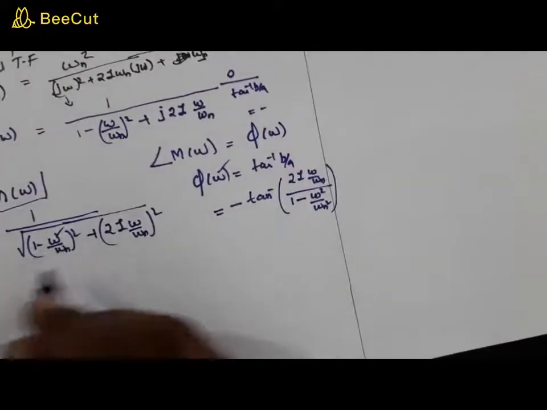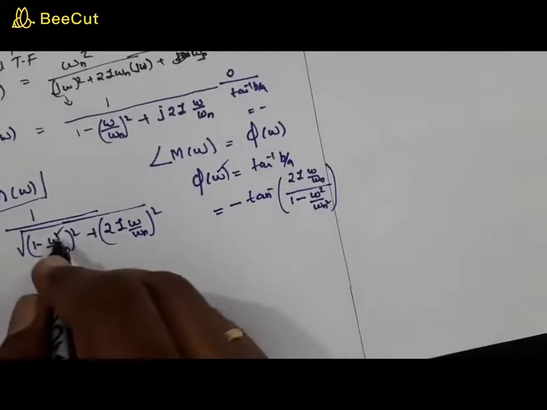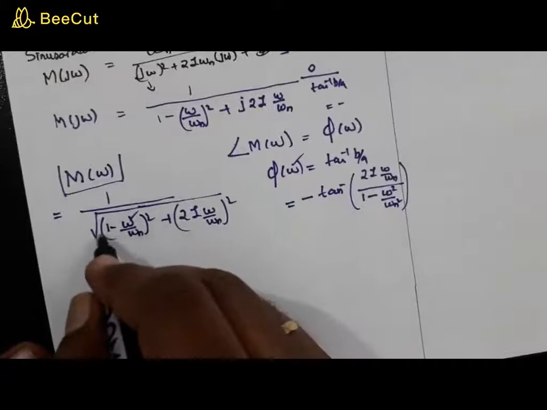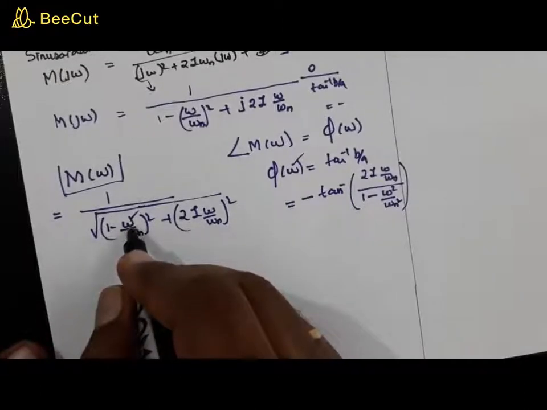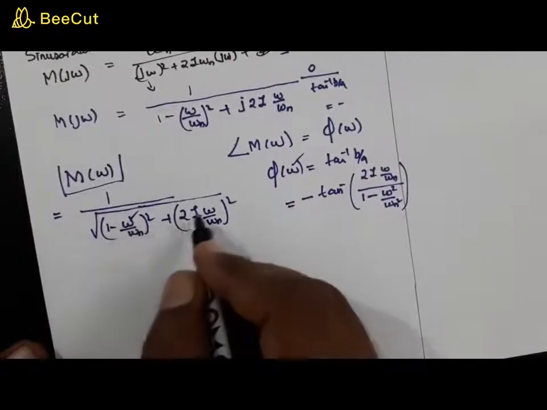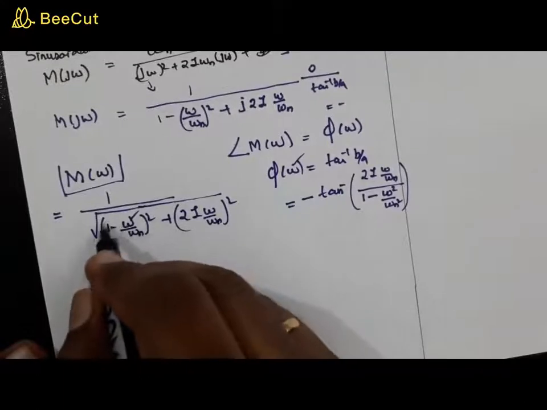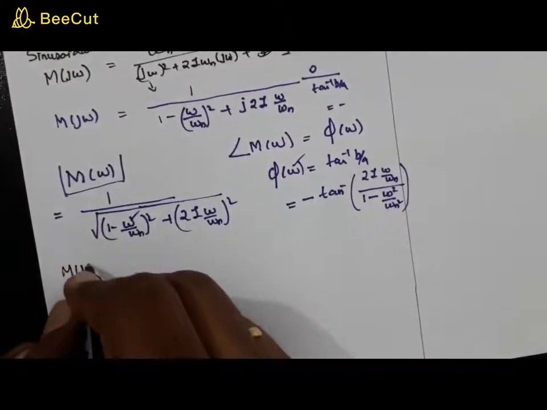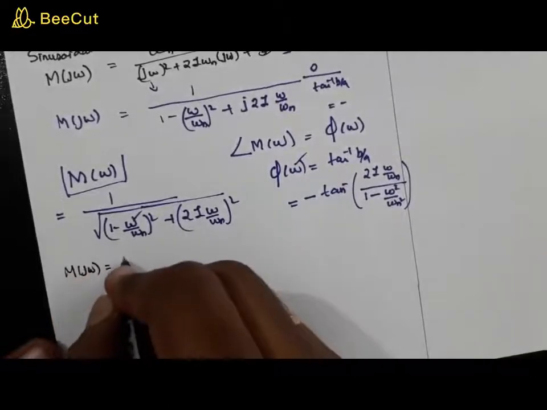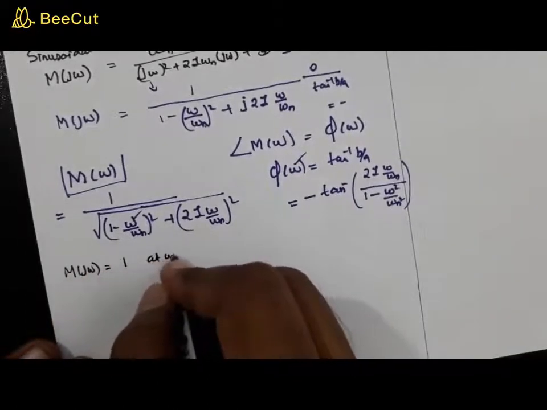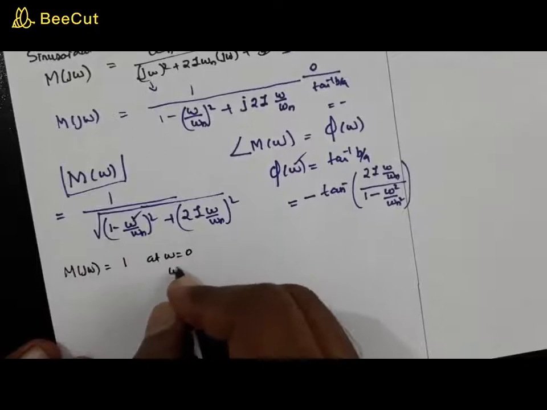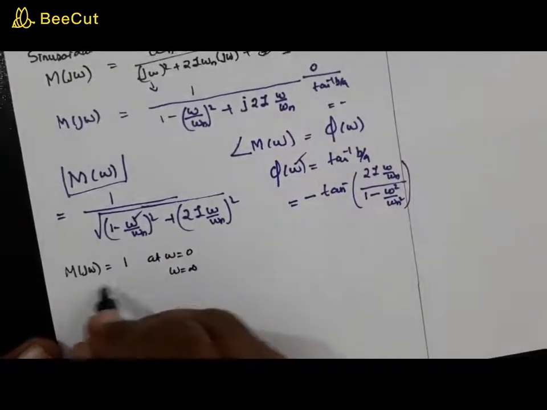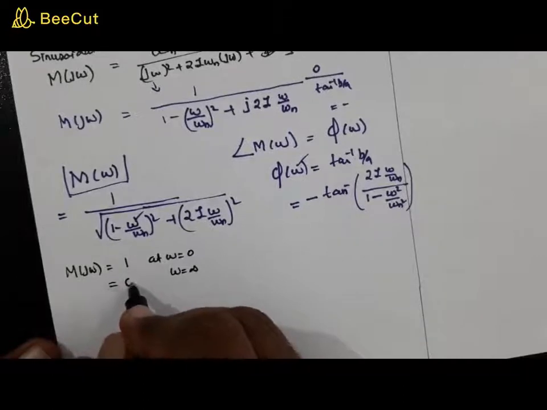Now, what happens at omega is equal to 0? At omega is equal to 0, this becomes 0, this is also 0. So this will be 1 root of 1, which will be 1. So M of j omega will be equal to 1 at omega is equal to 0. Now what about at omega is equal to infinity? At omega is equal to infinity, this becomes almost equal to 0.